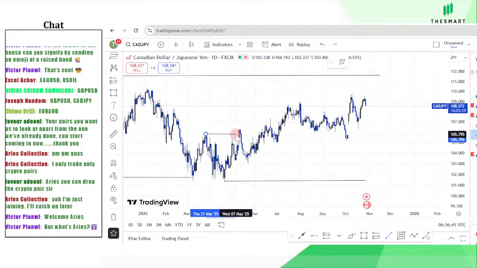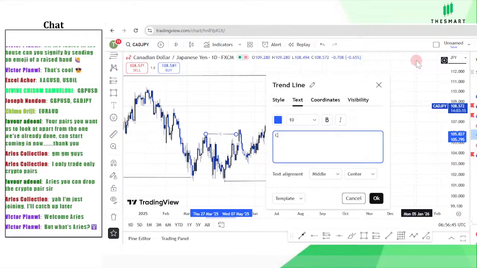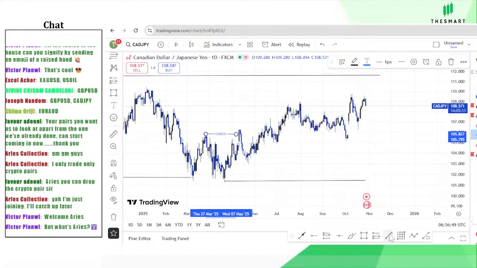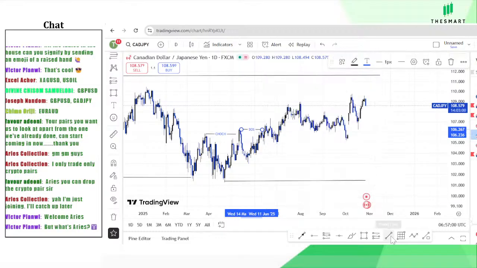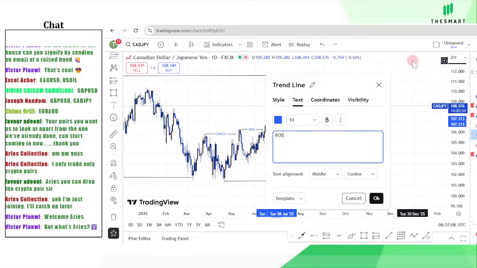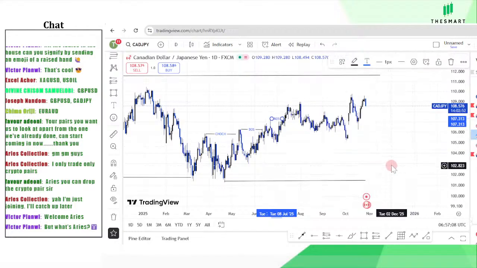So here we have a change of character. We have this break of structure here at this level. We have this other break of structure here.